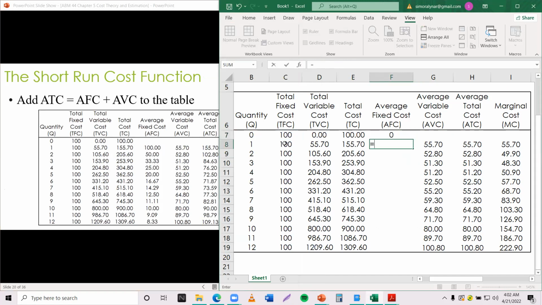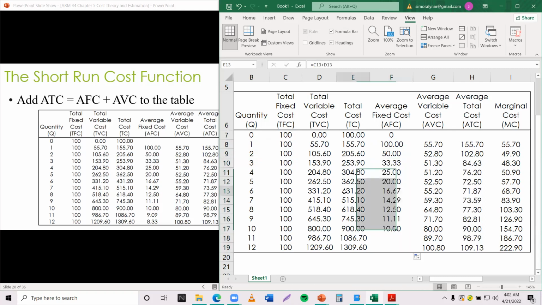So this is the formula for an Excel. So, typical na mag-add. Mas dalier siya. So, that would be 100. Next is 100 divide 2. That is 50. 100 divide 3, 33, and so on and so forth.